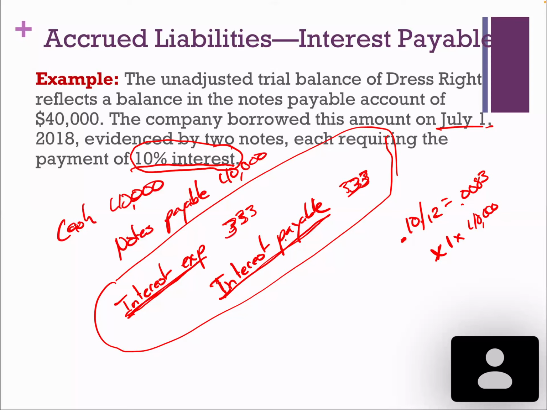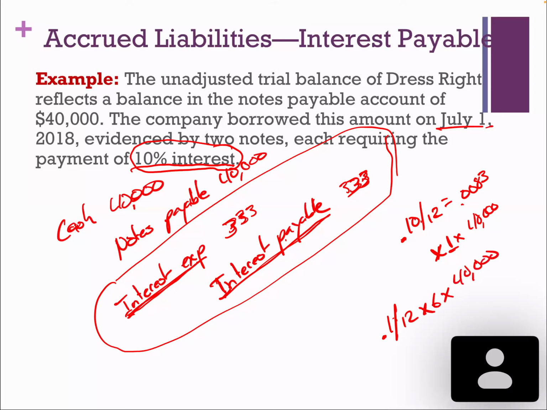Now let's say we're doing this at the end of the year. July, August, September, October, November, December, 6 months, right? Instead of multiplying by 1, we would go 0.1 divided by 12, which gets us to a monthly interest rate, and we'd multiply that by 6 and then multiply it by 40,000.